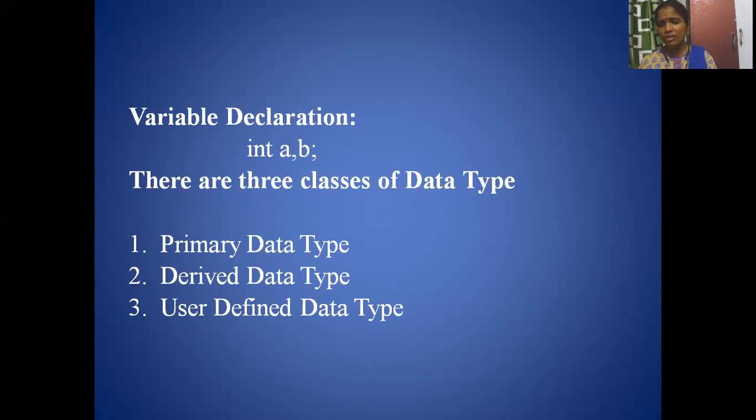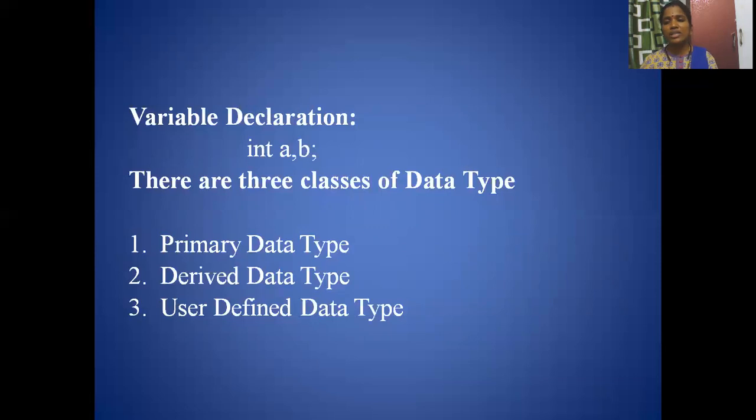What is the meaning? Primary means it is already there. Where is it there? It is there in the C library. So it has its own meaning, its own size, its own range. The data types which are already there in the C library are called primary data types.